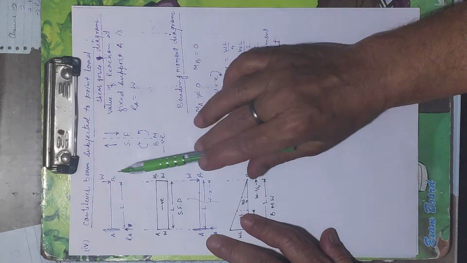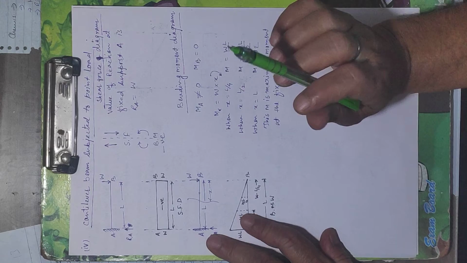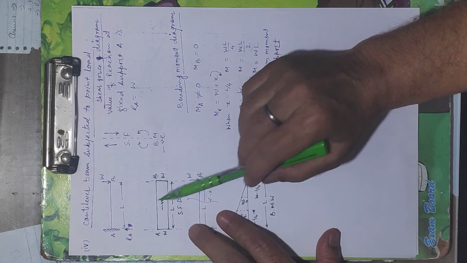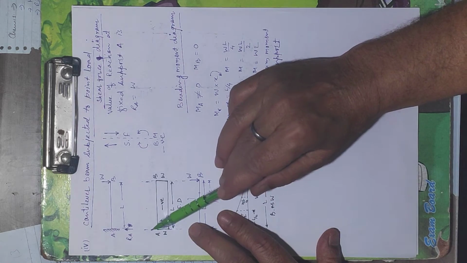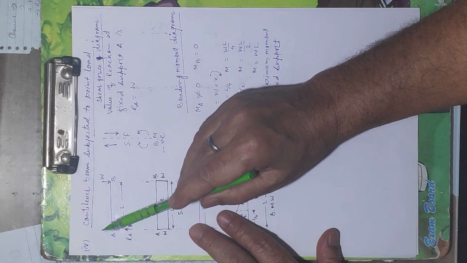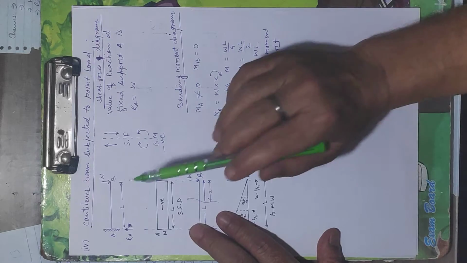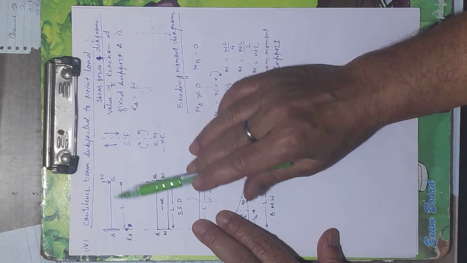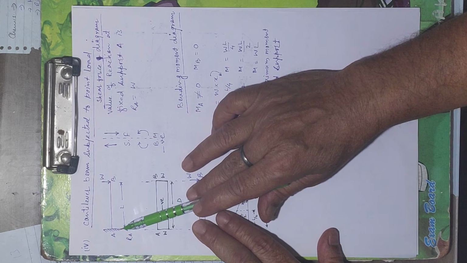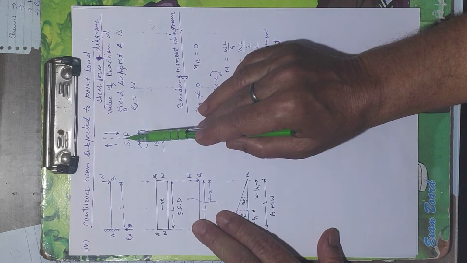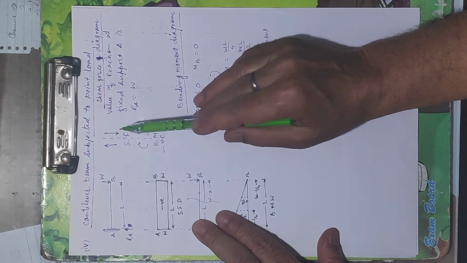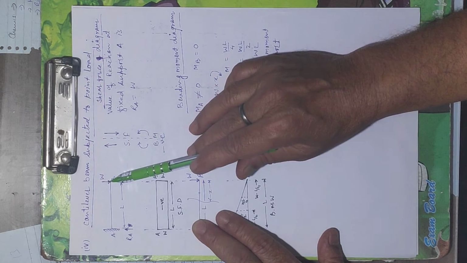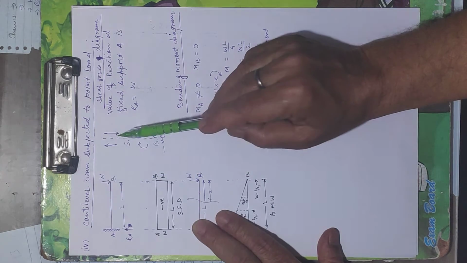We start from the free end only. So we want to draw the shear force diagram. We start from the free end at B, the section is at A. The load on the right side is downward, which means shear force would be negative.